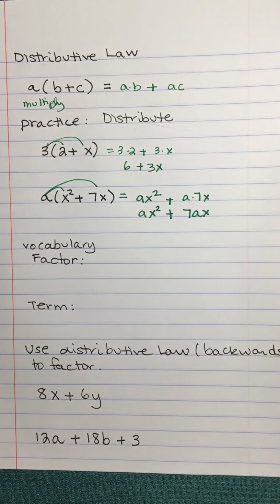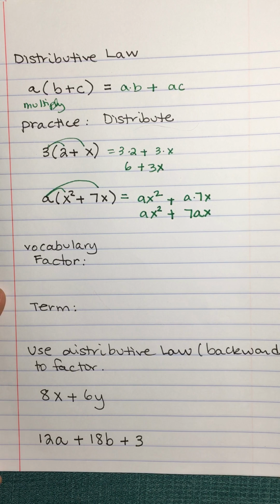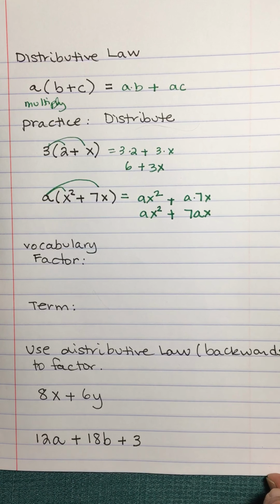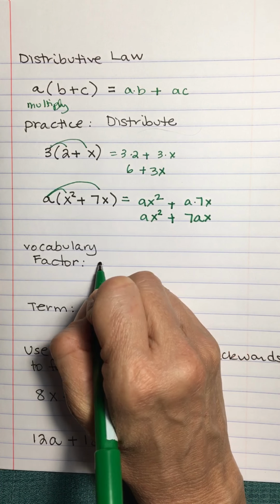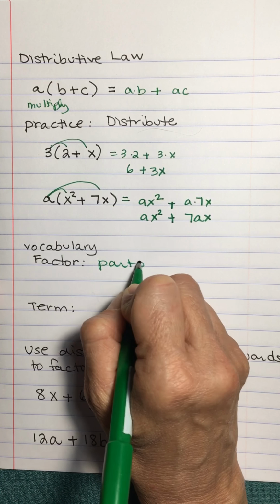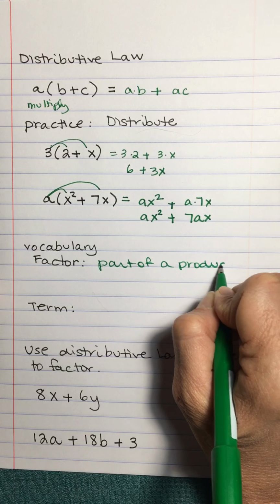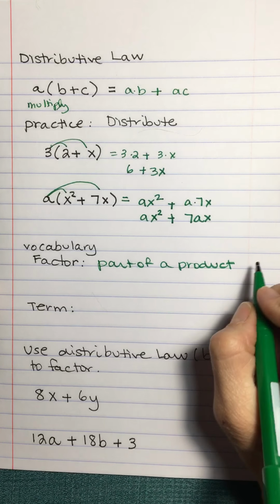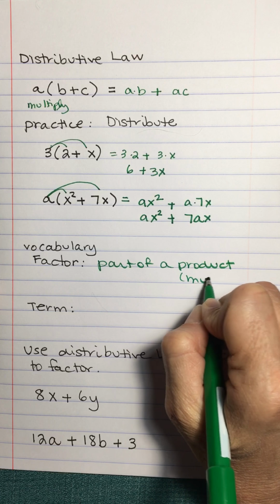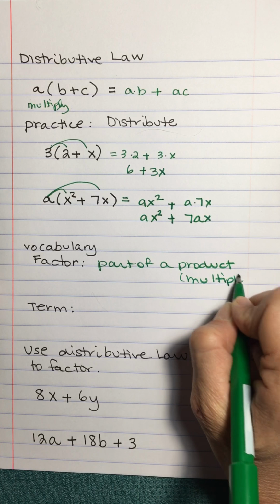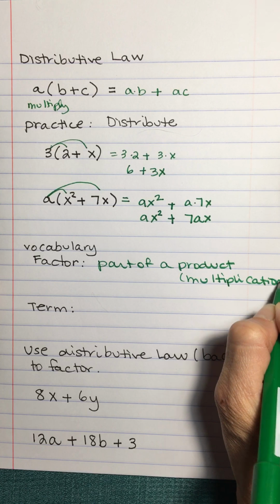So real quick, I've used a couple of vocabulary words I want to make sure you understand. So the first one is factor. So factor is part of a product. And remember, product is the result of multiplication. Okay?